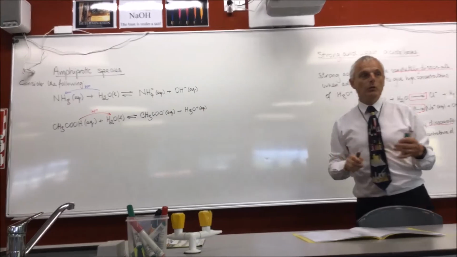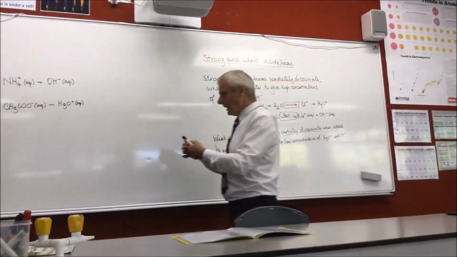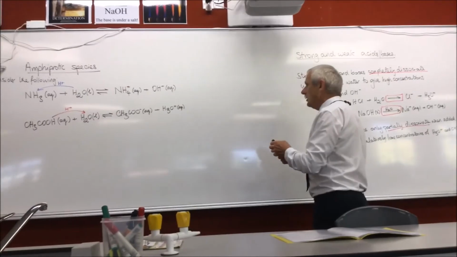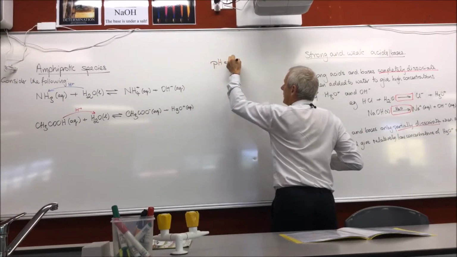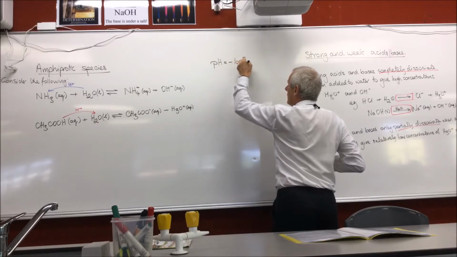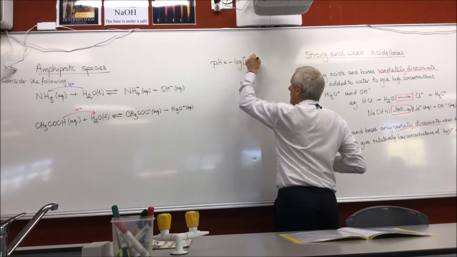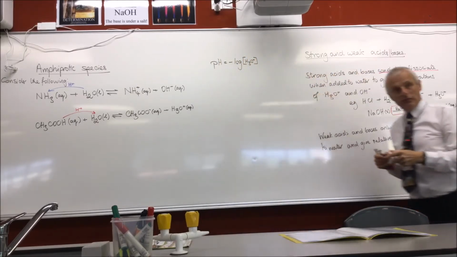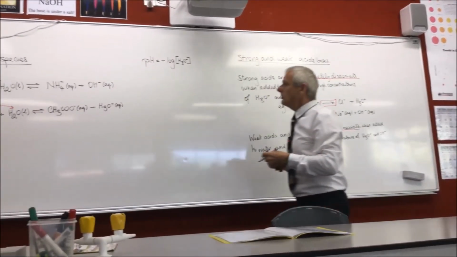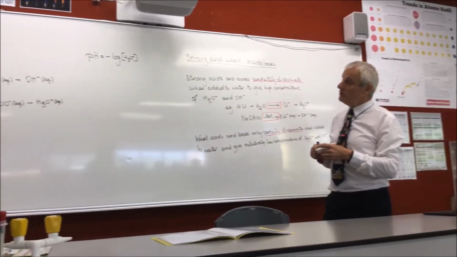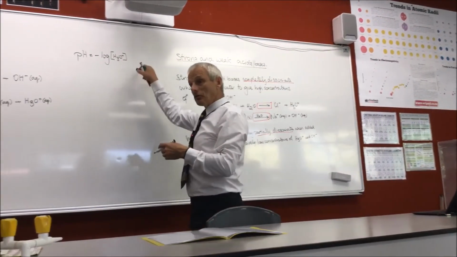So far, what we've looked at is you can calculate pH using this expression, and you're given that on the supplementary data sheet, so you don't have to remember it.